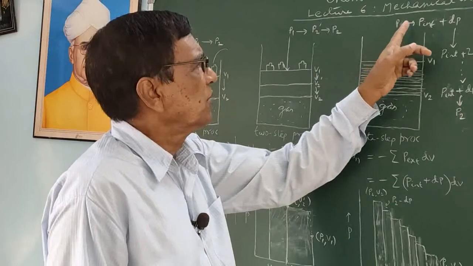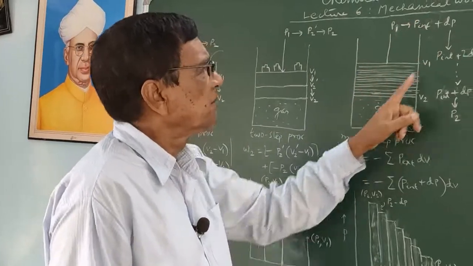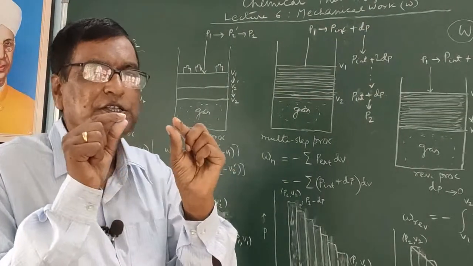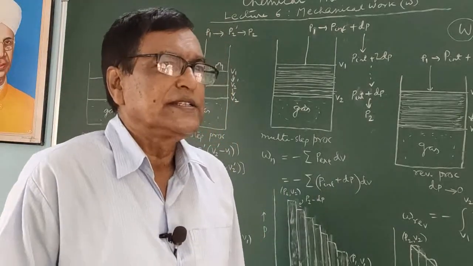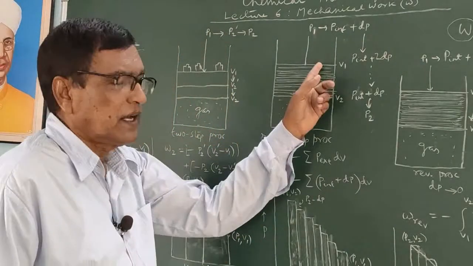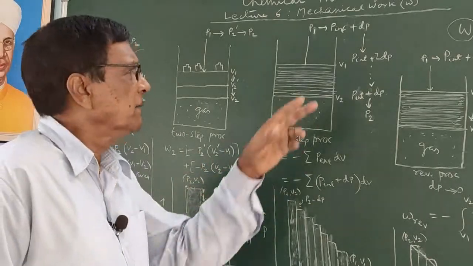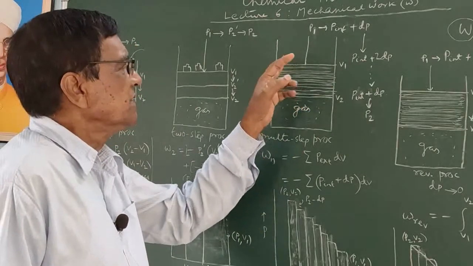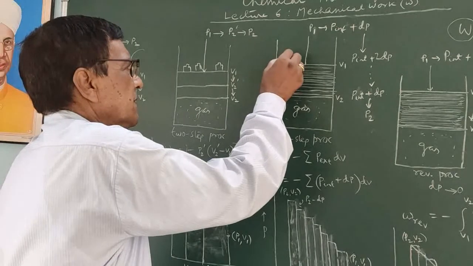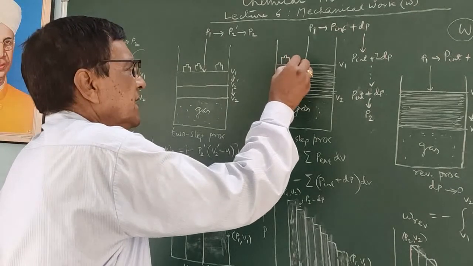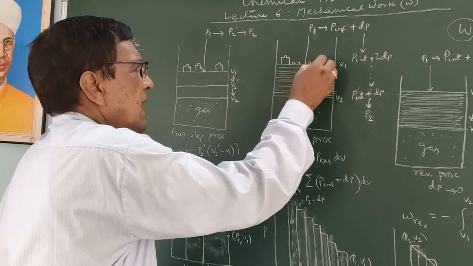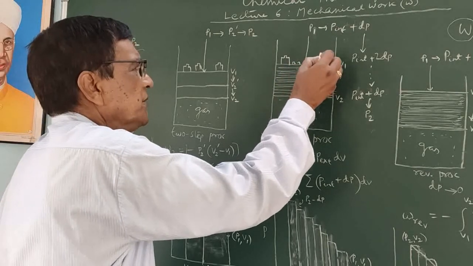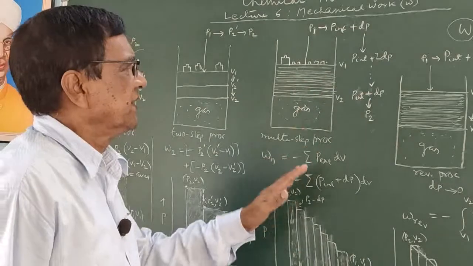suppose P external equals P internal plus dP, where dP is a very small amount of pressure being added. Say at a time 100 milligram of weight is added. Initially it was this 5 kg, and then 100 milligram, 0.1 gram, is added at a time.